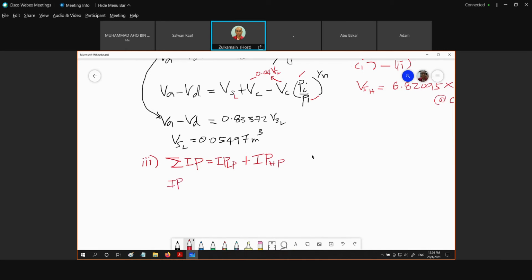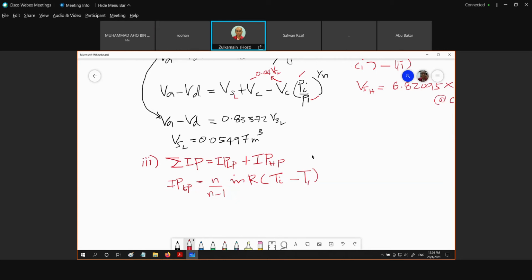The IP for low pressure is equal to N over N minus 1, m dot R, T minus T. Okay, can you guys let me know which T minus which T for the low pressure? Ti minus T1.